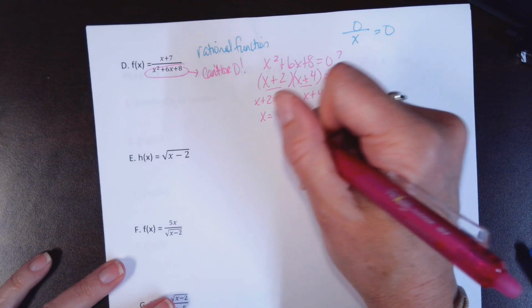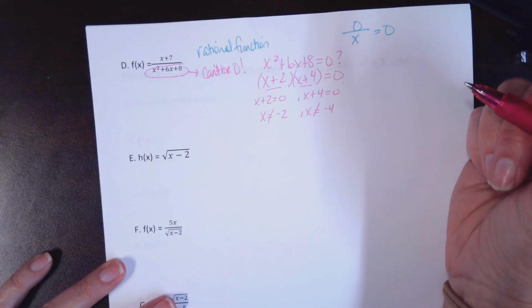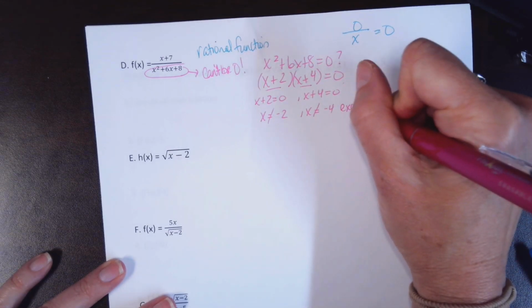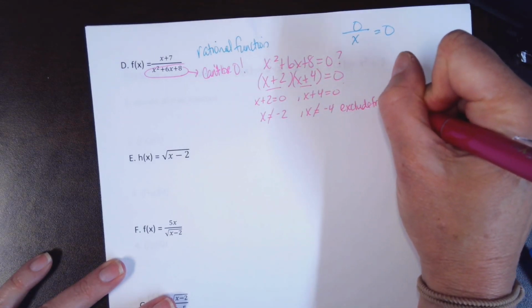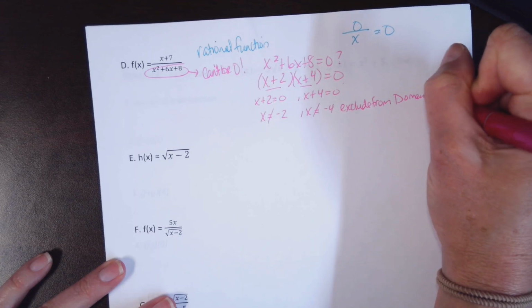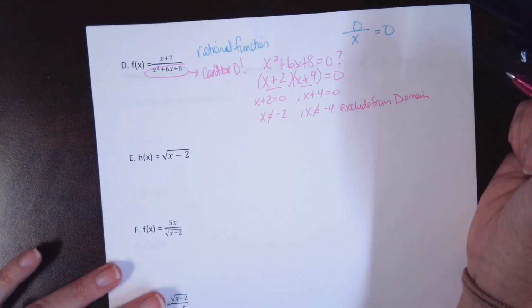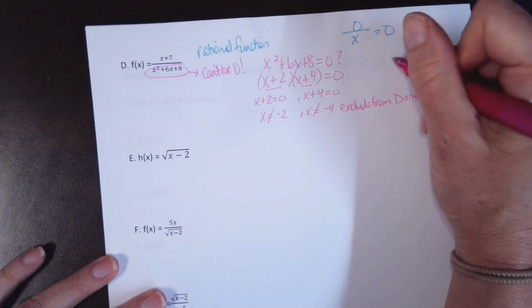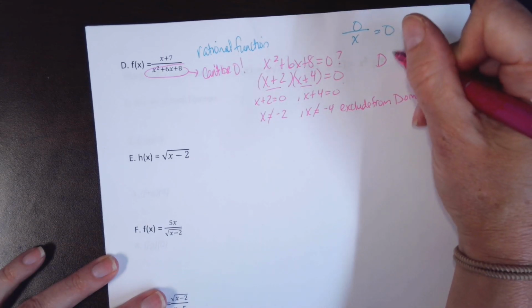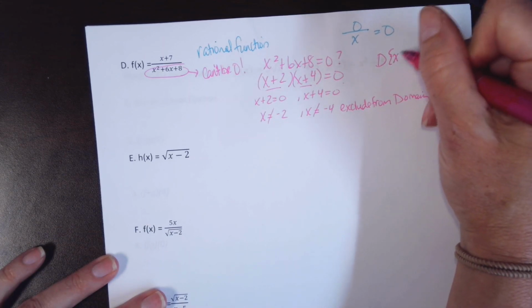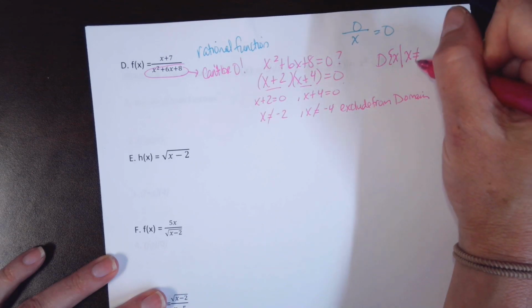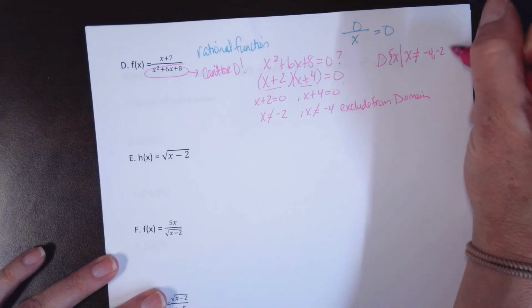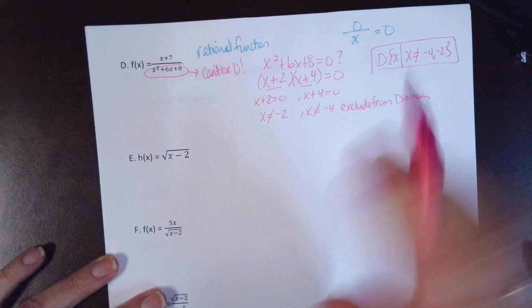So those values have to be excluded from my domain. Now, this is where my set builder notation makes a lot of sense. I would be able to say, okay, my domain is going to be all values of x such that x is not -4 or -2.